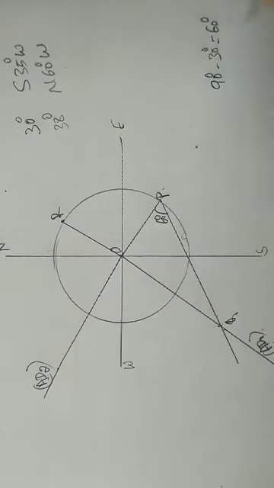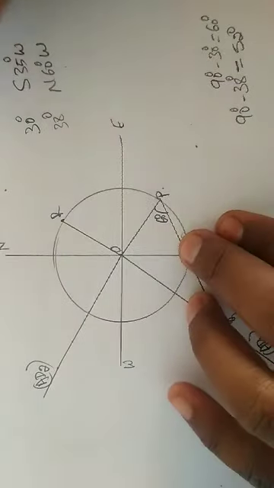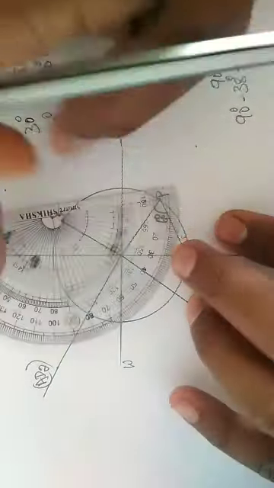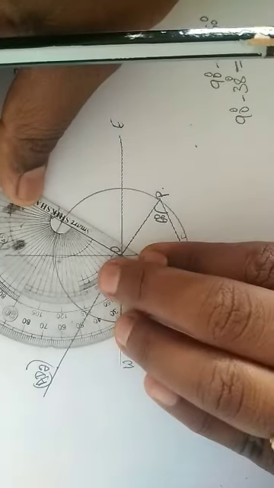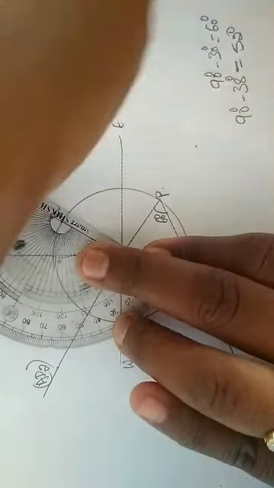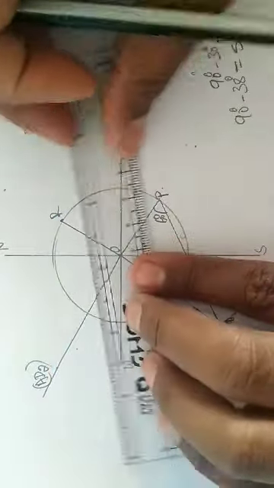You need to find out the complementary angle. That is 38 degree, so 90 degree minus 38 degree, we get 52 degree. Place the protractor on the line OR and measure 52 degrees. This is what we get here.